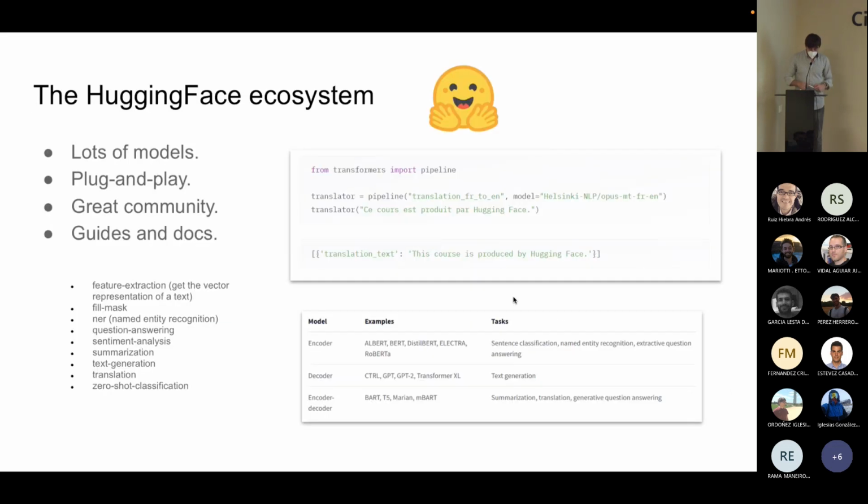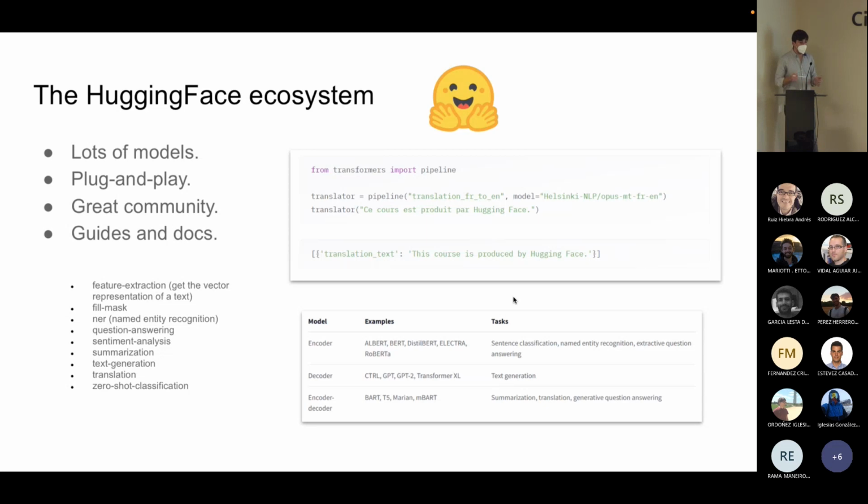tasks. If anyone here wants to try out these systems, I want to show you this. The Hugging Face ecosystem is just a website. It's the publisher of the transformers package in Python, and it makes it really simple to use this kind of models. They have all the models pre-trained. You just have to write a few lines of code, and they are free, available, open source.